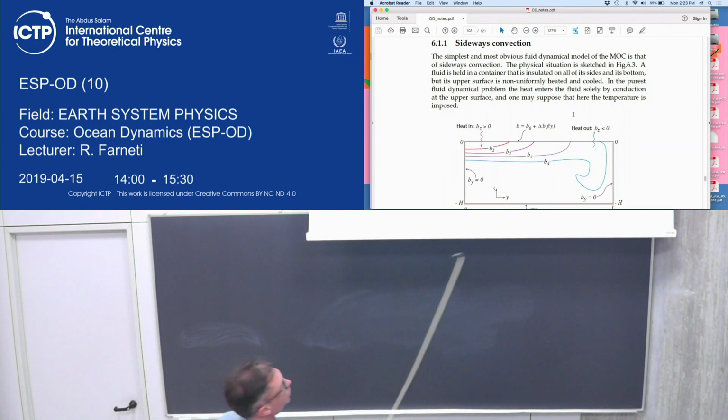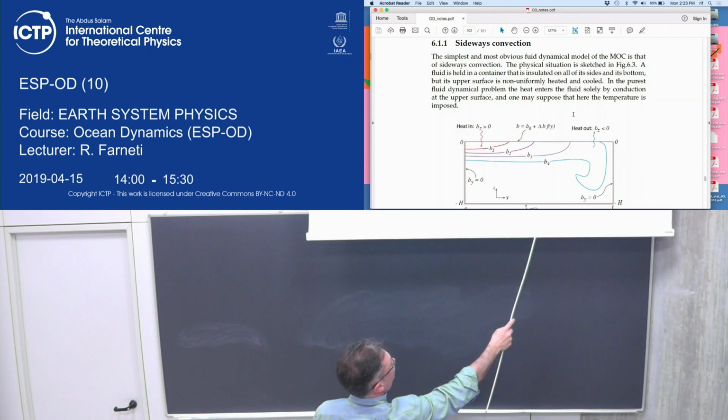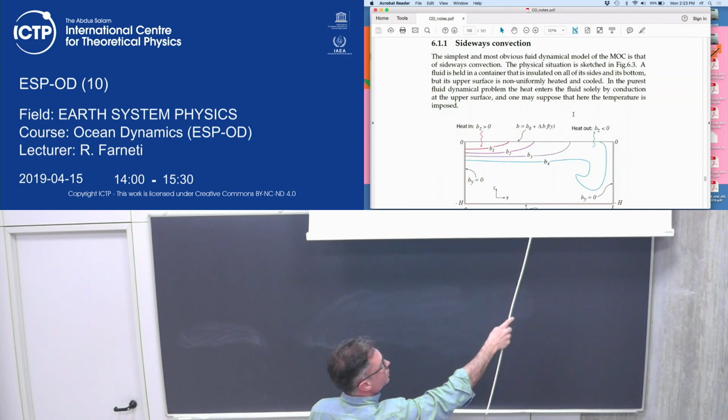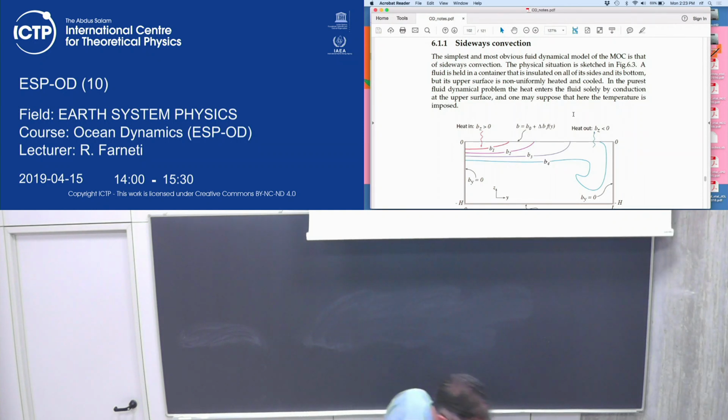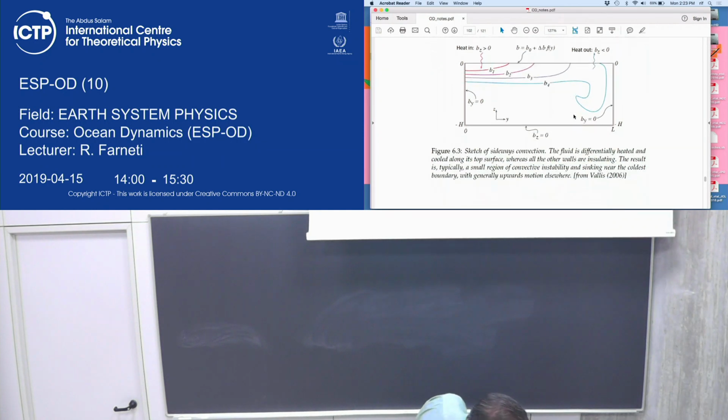And here you will get some very cold water being formed, becoming very dense and actually sinking to the bottom. Okay, so this is the simplest way of starting to think about the meridional overturning circulation. Just sideways convection, totally buoyancy driven.